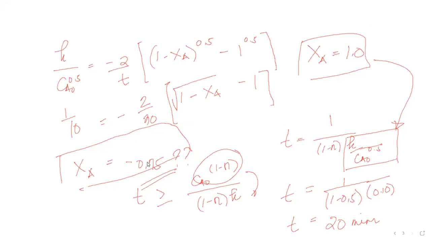Even though this is your answer, you will answer this one using this proof that the time at which the problem asks you to determine the conversion is beyond the 20 minutes, based on the generalization for orders of reaction less than 1. So you're not going to answer this, because this is not a valid value. You're going to answer 1.0. Conversion is already 100% after a half-hour run.